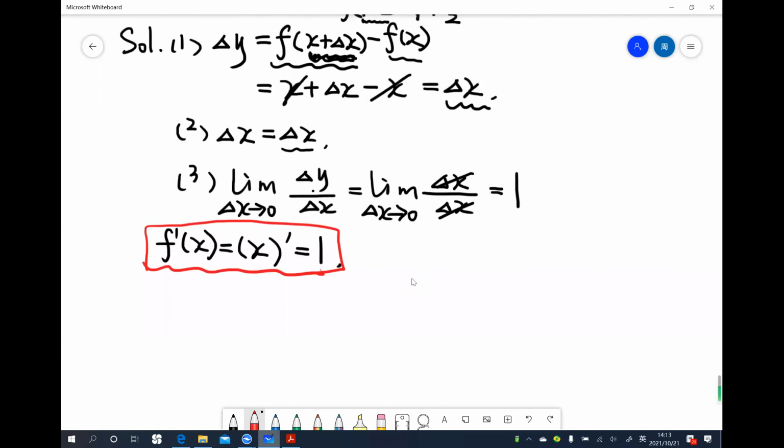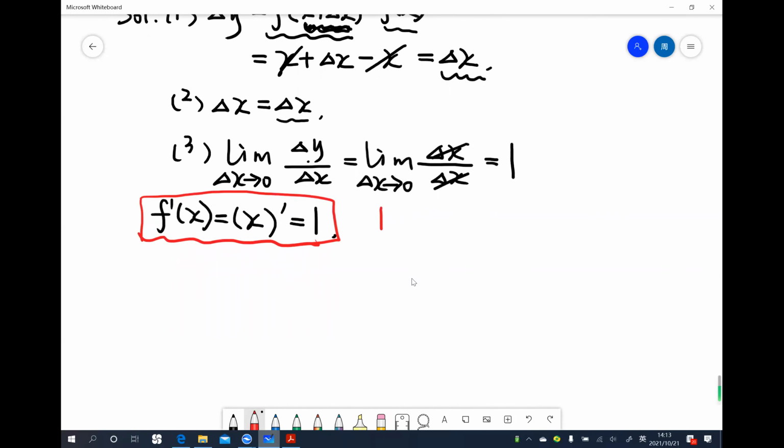And here, that is rule 2. We call it the power rule. That is how we can calculate x to the power n, prime. So here the formula is x to the power n, prime, equals n times x to the power n minus 1.